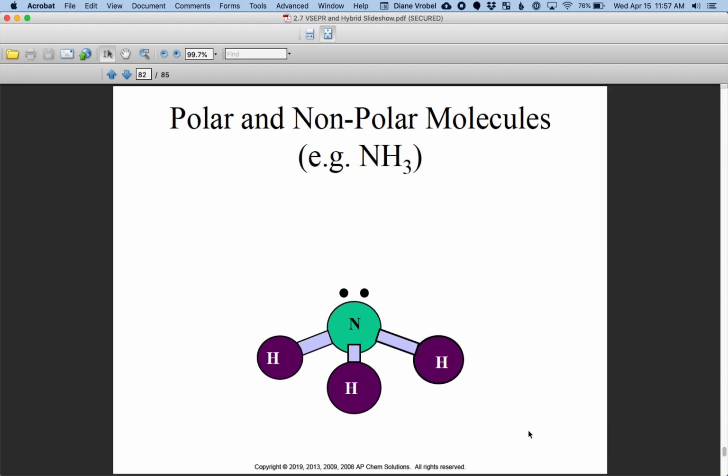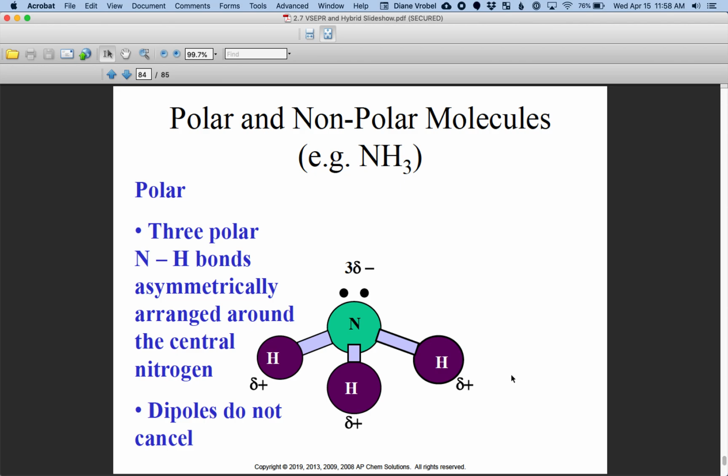Okay, here is the trigonal pyramidal structure of ammonia, and you would argue that nitrogen is more electronegative. So you would argue that there should be a dipole based on the fact that more of the electrons are spending time closer to nitrogen, and that there is a slightly more delta minus charge above nitrogen.